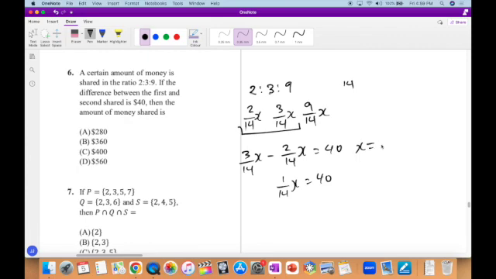Therefore, x is going to be 40 multiplied by 14. So 4 times 10 is 40. That is 400 plus 4 4s are 16, 40 times 4. So the answer will be 560. The answer is D.